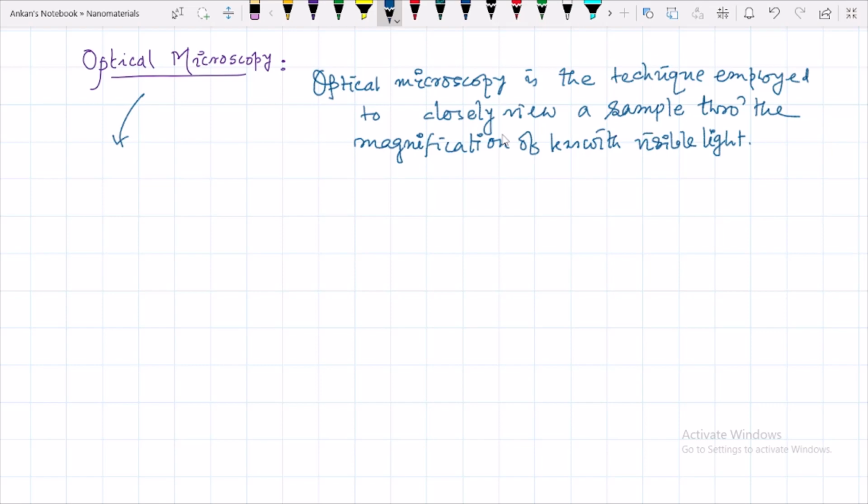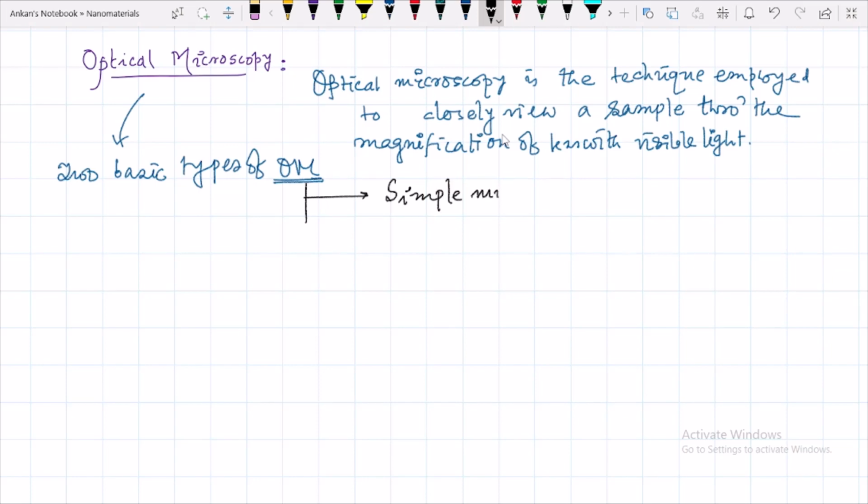There are two basic types of optical microscopy. First is the simple microscope, and the second one is the compound microscope.